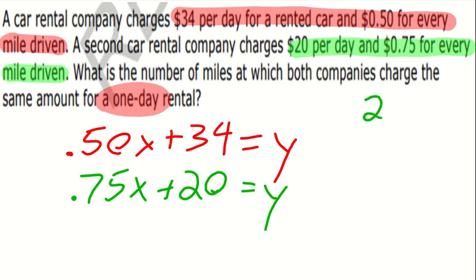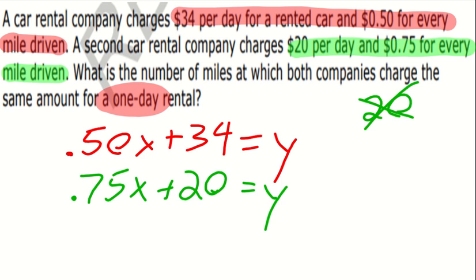All right, so they're crossing at 20. That's the x value. What was the y value there? Oh, wait, no. 20 is the y-intercept.